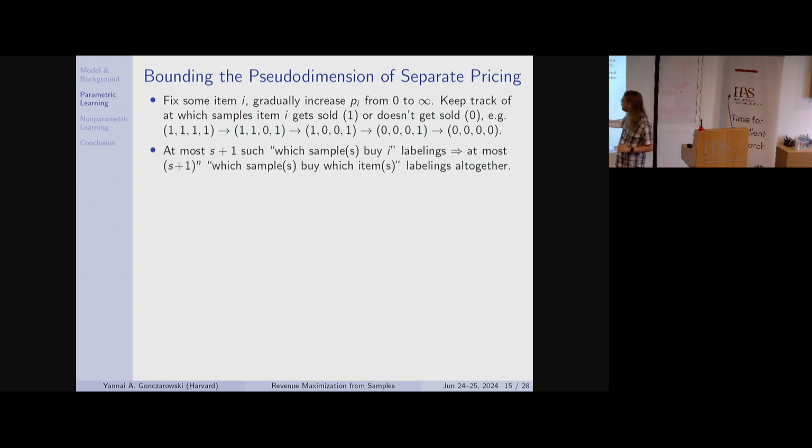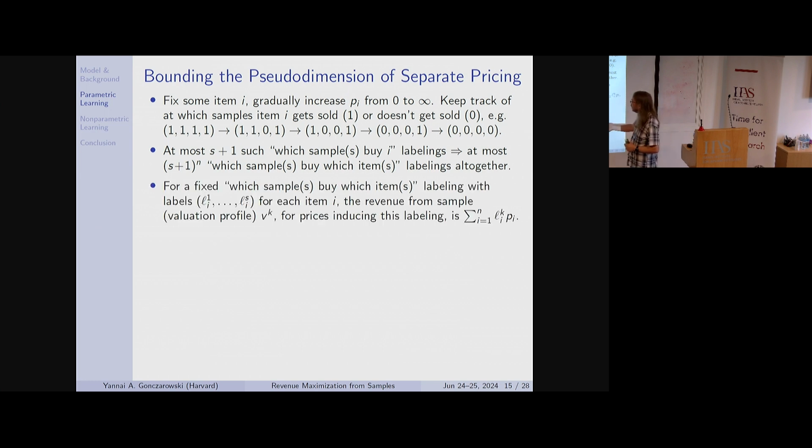So I'm imagining now each sample, for given fixed prices, labeled by which items it buys. So fix a specific one out of these (S plus 1) to the n labelings of which samples buy which items.